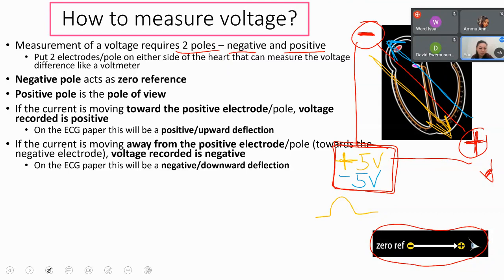And on the ECG paper, this is going to be a negative deflection. Is that clear so far, guys? Can you repeat, please? Okay.